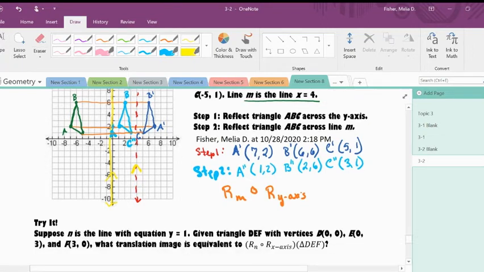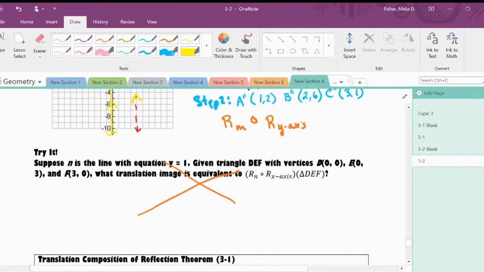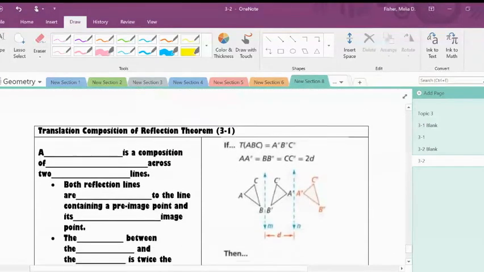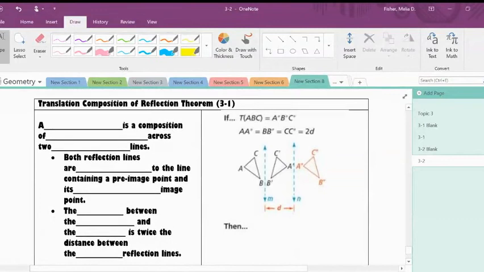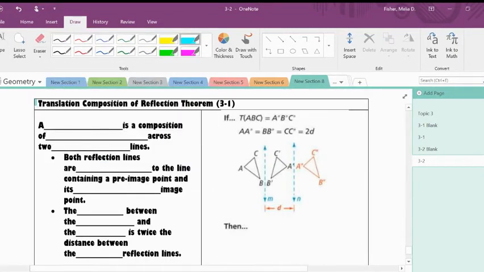So that leads us to, we're actually just going to skip this, try it today, and go down here to our translation composition of reflection theorem. So we have our theorem. Of course, you guys are highlighting these, right? And you're keeping your packets because you're going to want to come back to these theorems and definitions throughout the entire chapter.